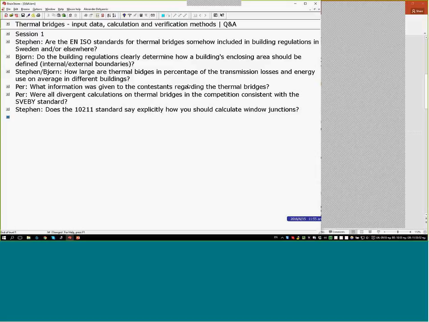If you just hand over a calculation, they don't have the time, the resources, or the knowledge to check. Some municipalities do, so I'm not going to say that everybody doesn't. But in general, sometimes by mistake, my company has handed over energy calculations which show that we don't fulfill the building regulations. However, we still get the building permit.